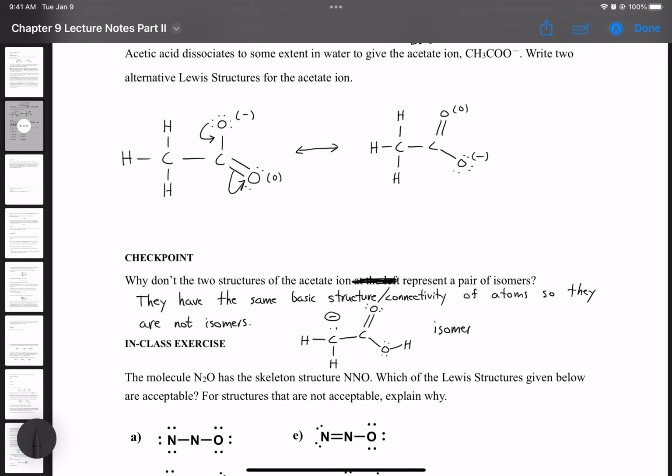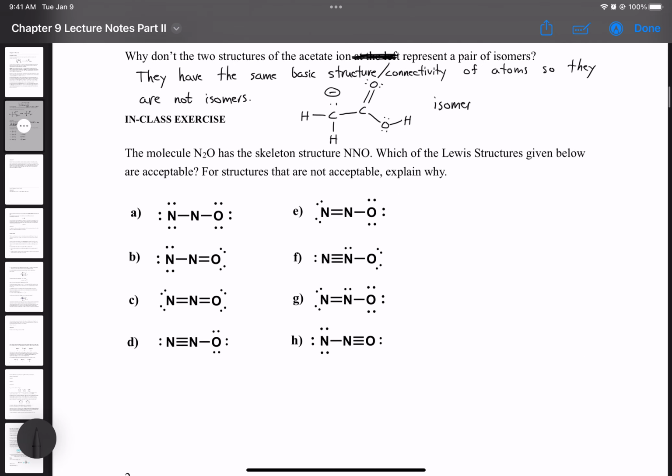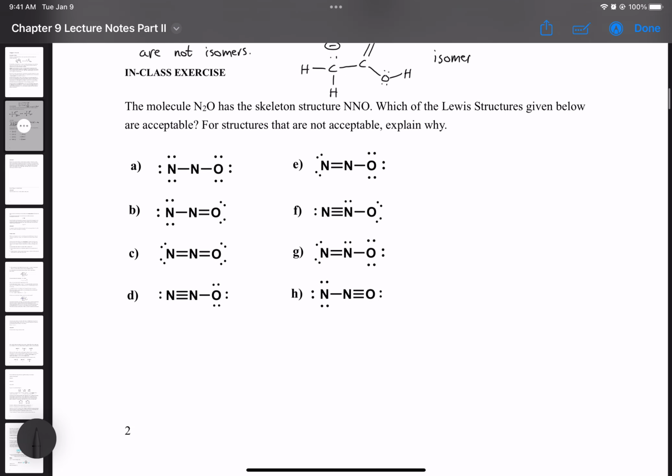Alrighty, let's move to the next topic. All right, let's do this exercise. The molecule N2O is a product of oxidation of fuels. When you drive your car, you intake the fuel and ignite it in air.